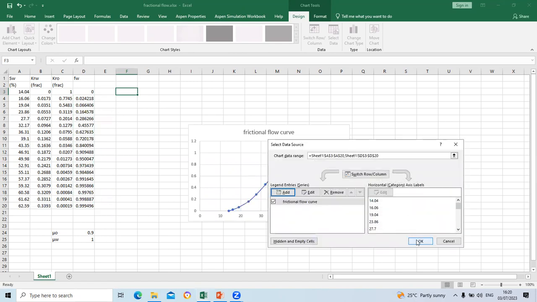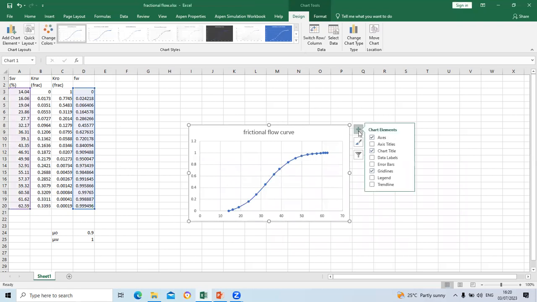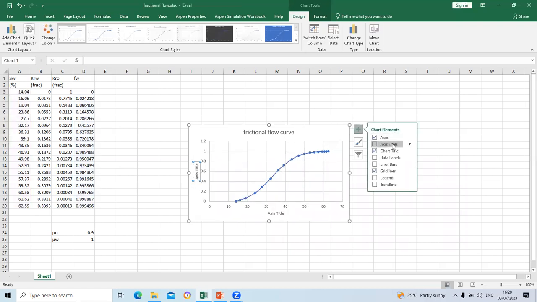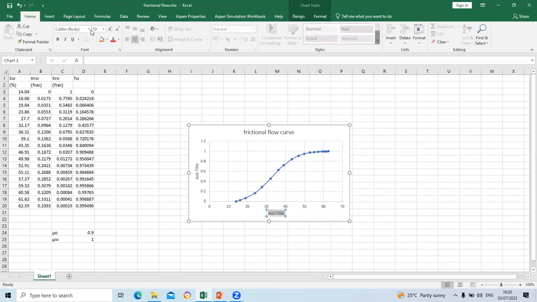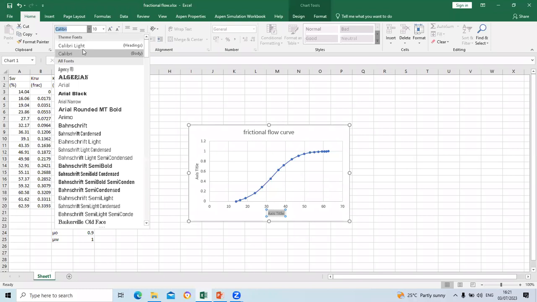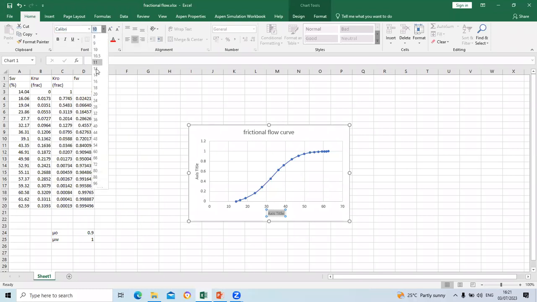All right, so we have our fractional flow curve. We'll come here and we can add axis title. All right, that is already there. So we'll change this. I can increase the size before I change. I can increase the size to, let's say, 18. I bold it.